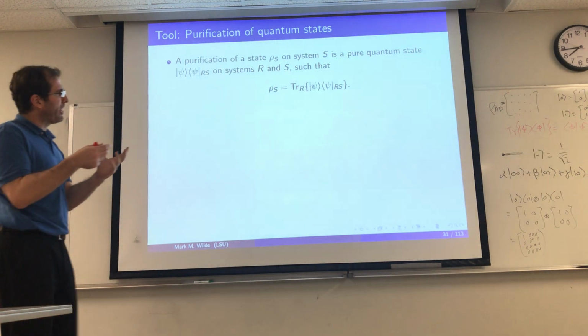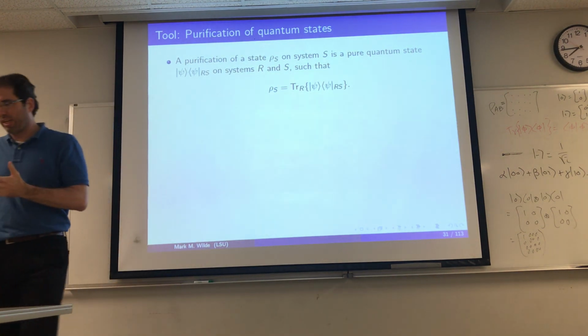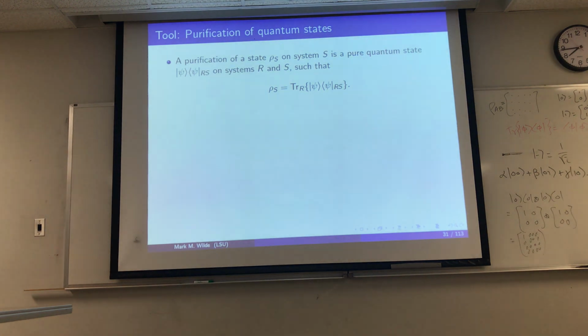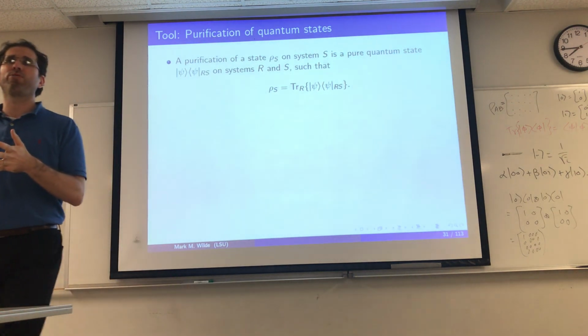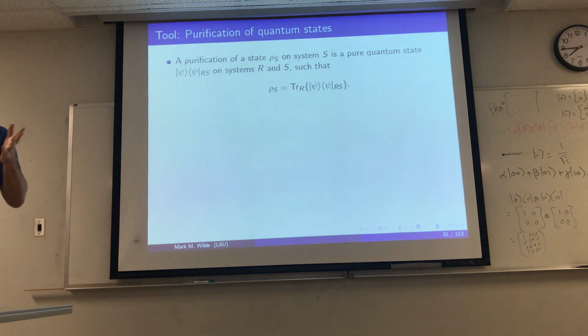So if you make it a postulate that purification exists in your theory, then that's a way that you can distinguish classical from quantum. If you're starting from this foundational bare bones perspective, where you say we're not going to use Hilbert space, we're going to start from these information notions and then derive quantum theory from that. So that's a research program that people have explored.